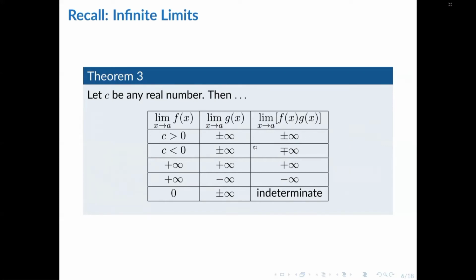The same logic applies to the succeeding rows. So you can just refer to this table to get the limit of the product of two functions as x approaches A.